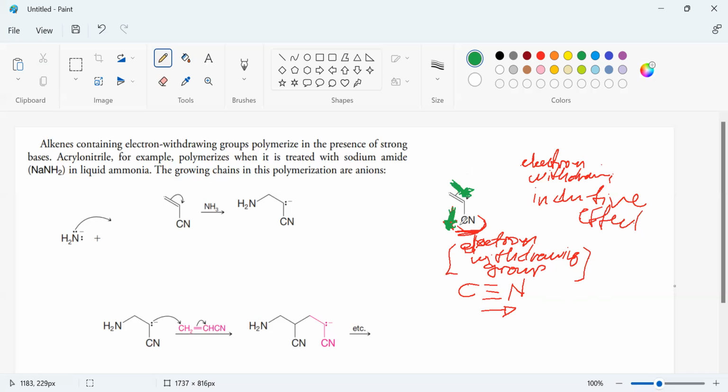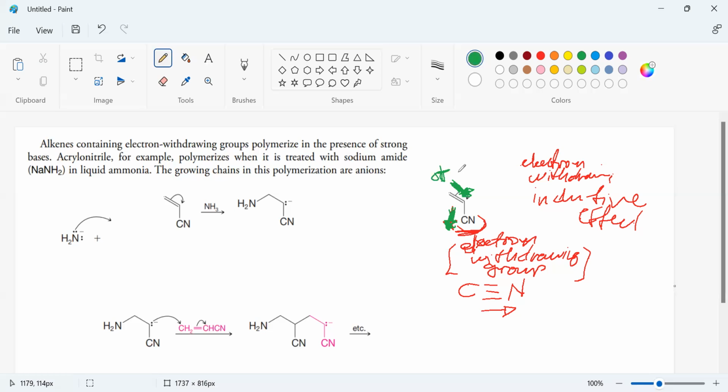There is an electron withdrawing group, toward CN, and because this one is somewhat depleted of its electron density because of this inductive effect, the inductive effect transfers to this bond too. So in such a way that this end here, the carbon hydrogen end, I'll use green, becomes somewhat partially positive.